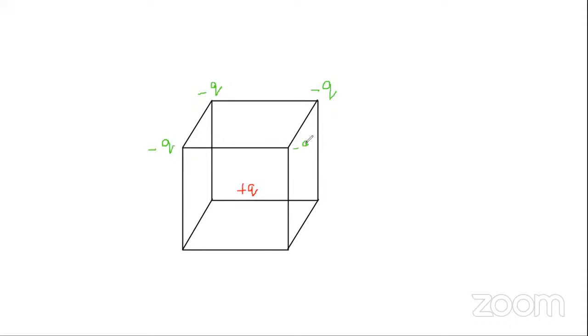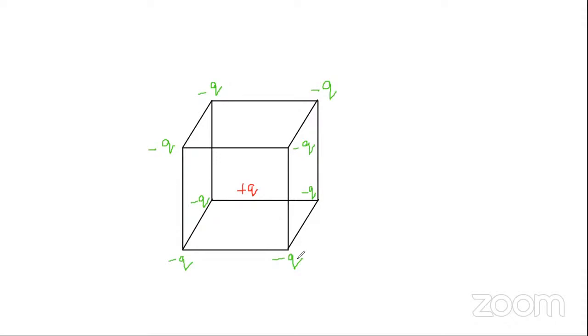At this corner you are having one minus q. At this corner one minus q. This corner one minus q, and this corner one minus q. So totally there are 8 corners in the cube, and you have identical charges, that is minus q at each of the corners. Totally there are 8 corners and 8 minus q charges are there.